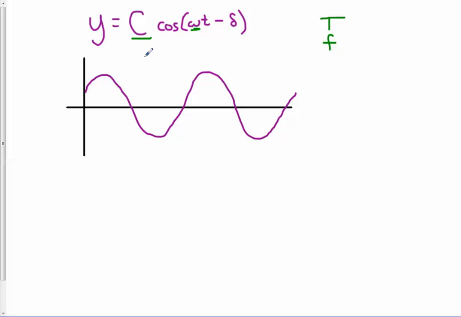And we're multiplying this by C. So this function will go up to C and down to negative C. So C is the amplitude. So this allows us to get the amplitude. Now, of course, C, remember, was the square root of A squared plus B squared. So if we have A and B, we can get the amplitude, but we have to do this conversion.